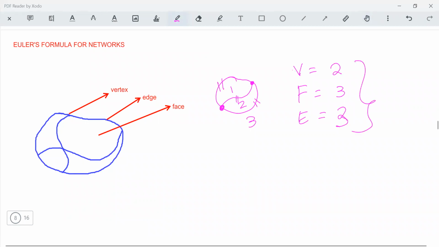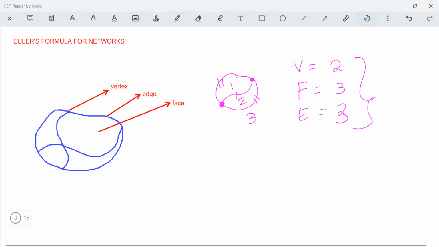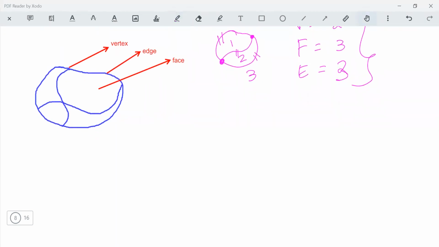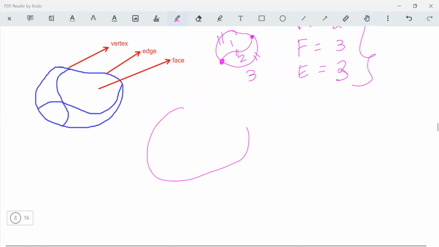Now there's a relationship between the vertices, faces, and edges there. If I make the diagram slightly more complicated, let's take a similar thing. It doesn't have to be a perfect shape, but let's take something of this type. Now, there's 1, 2, 3, 4, 5. There seems to be 5 vertices. How many faces are there? 1, 2, 3, 4.